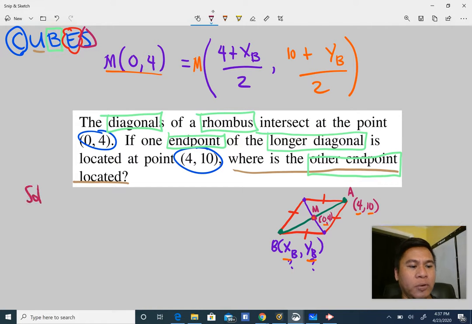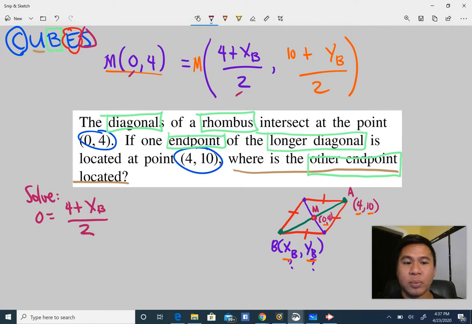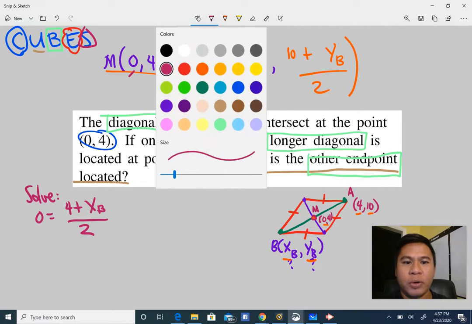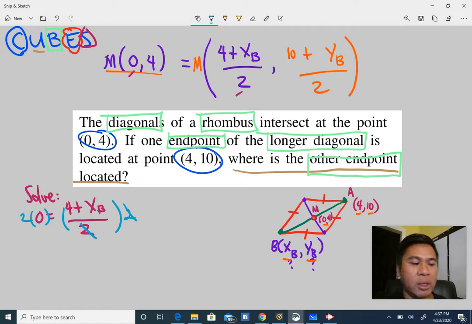So let's solve for both the x and the y. For the first one, we have 0 and this particular expression in here. So we say 0 is equal to 4 plus xb all over 2. To solve for xb in here, I would multiply first both sides by 2 to cancel the 2 on the right. 2 times 0 on the left will still be 0.